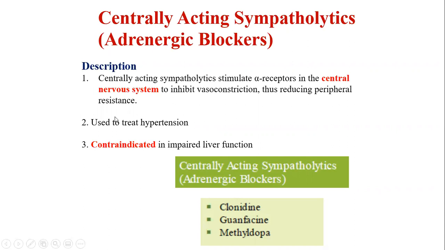So these groups of drugs, centrally acting sympatholytics, stimulate alpha receptors in the central nervous system to inhibit vasoconstriction, thus reducing peripheral resistance, and are used to treat hypertension. They are contraindicated in impaired liver function.